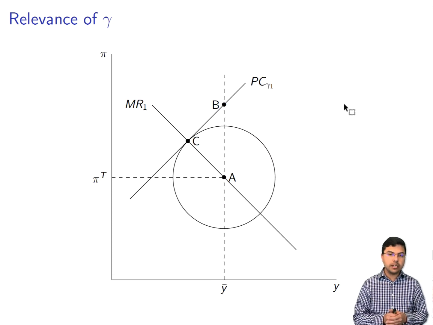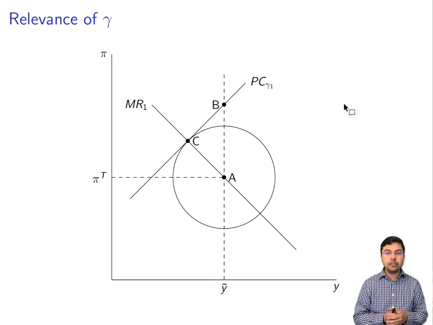Now let us understand how the slope of the Phillips curve gamma affects the MR curve. To begin with, let us assume that gamma is 1, or in other words, the slope of the Phillips curve is 45 degrees.